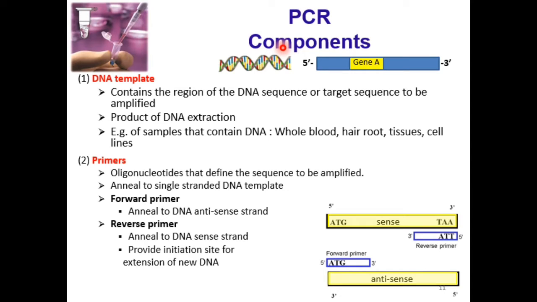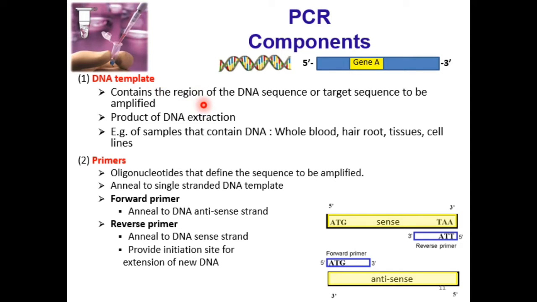So let's move on to the components of PCR. For each experiment, you need a few components so you can perform it. So what are the components of PCR? Number one, DNA template.